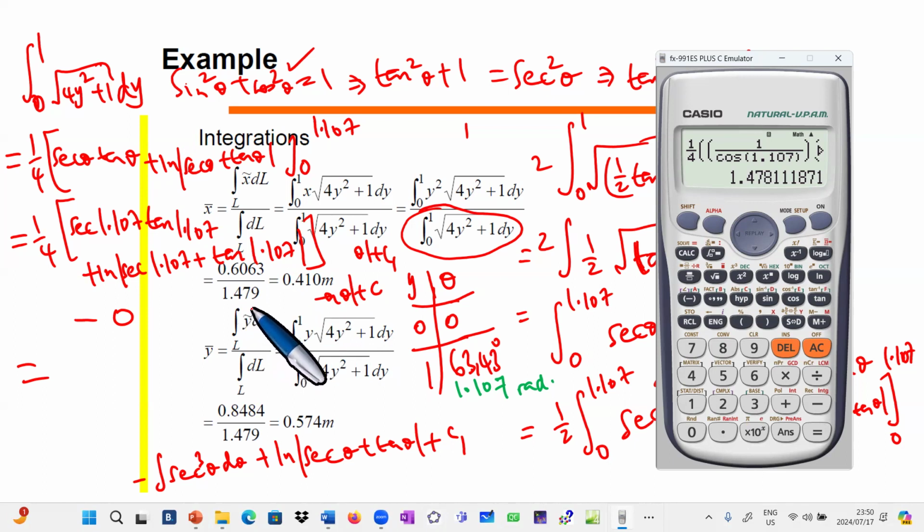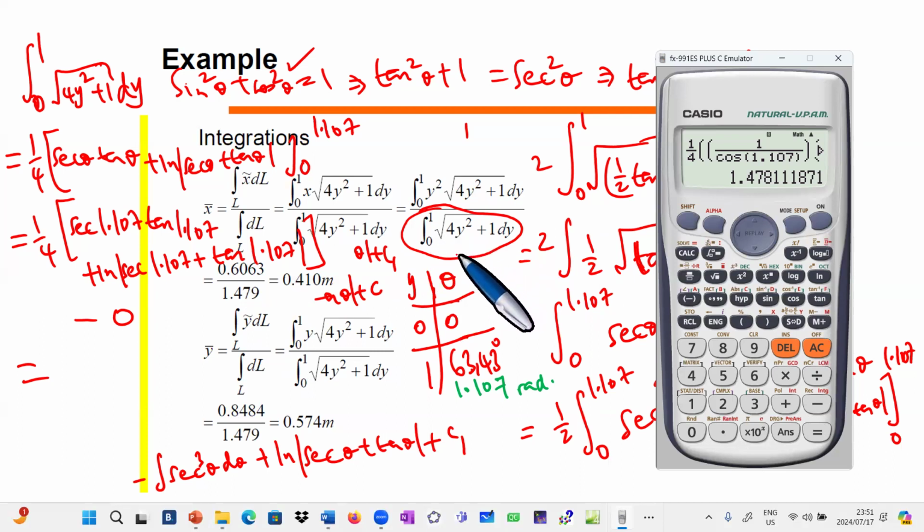It's only to a certain number of decimal places, like 3 decimal places. So you can see that it is just the third decimal place that is affected by the rounding off. But you're able to see that it is 1.479. And this is how you would do the integration of the denominator.